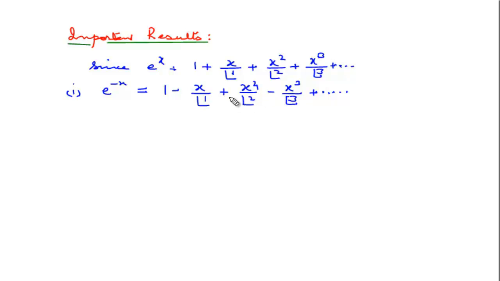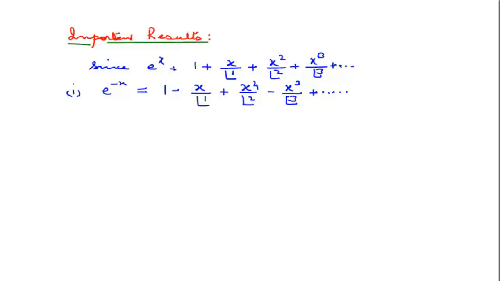It will be a positive term, and then again I will obtain a minus term. So this way the signs of the terms are: first term is plus, second is minus, third is plus, fourth is minus, then next is plus, and likewise.